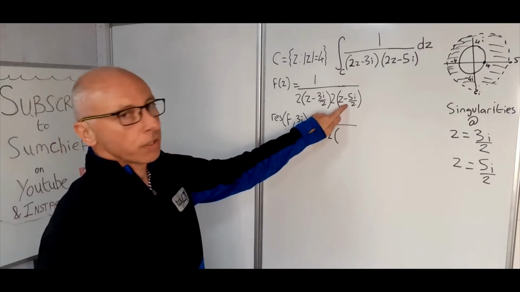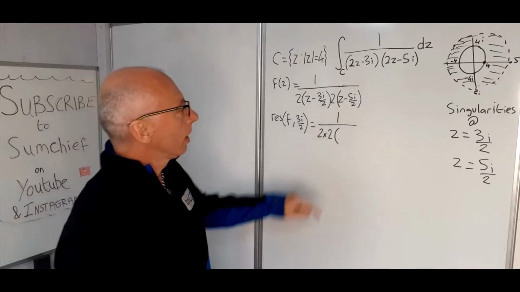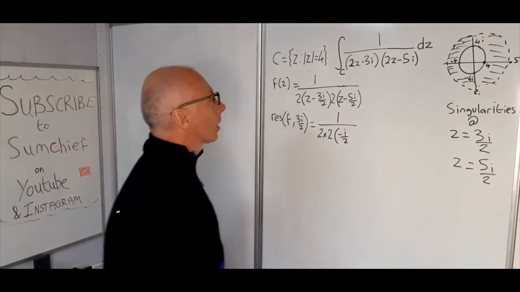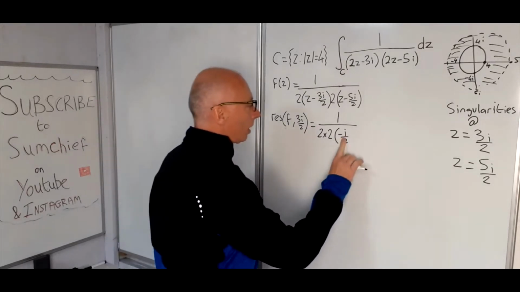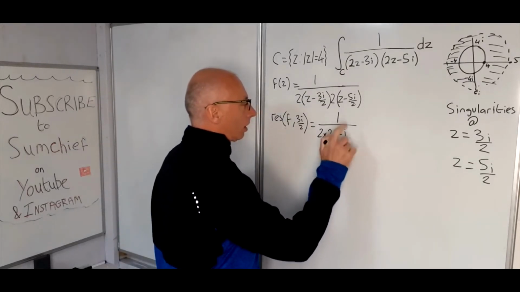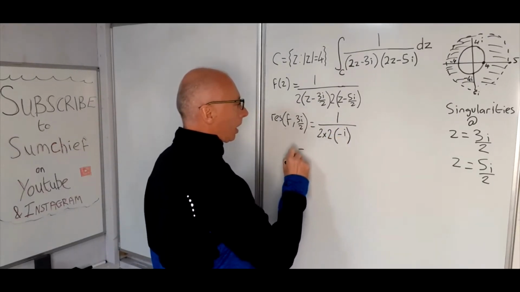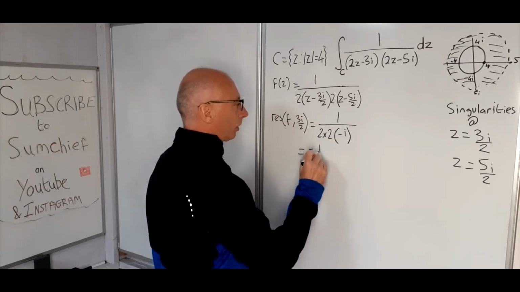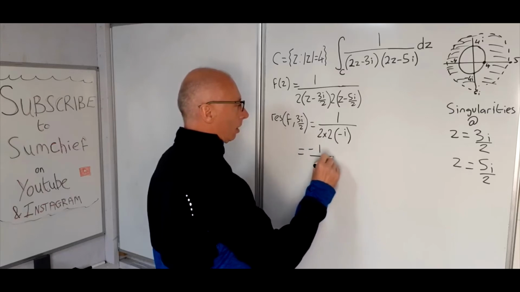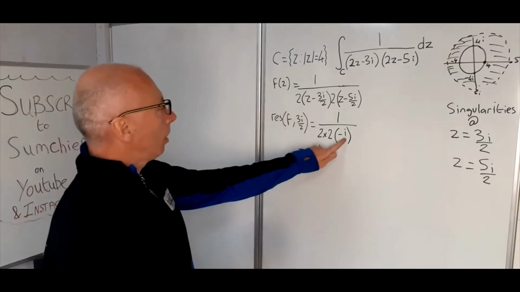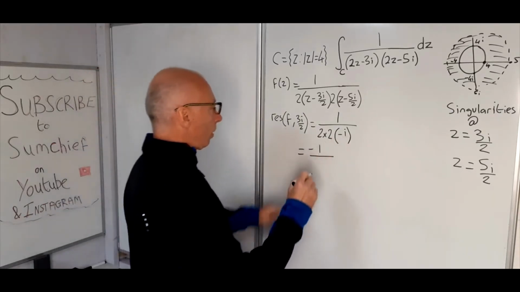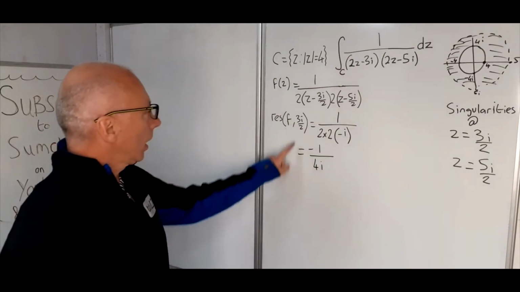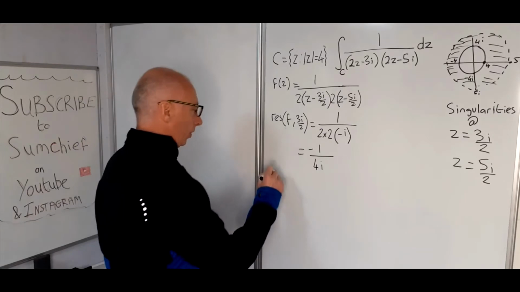So 3i minus 5i is minus 2i. That then just becomes minus i over 2. Sorry, minus i. So then that would be equal to minus 1 over, sorry, minus i times 4, so that's minus 1 over 4i. Okay, so that's our first residue.